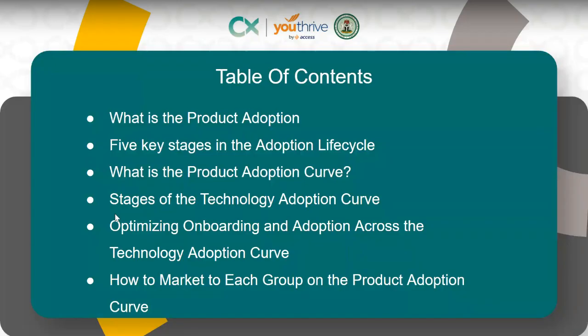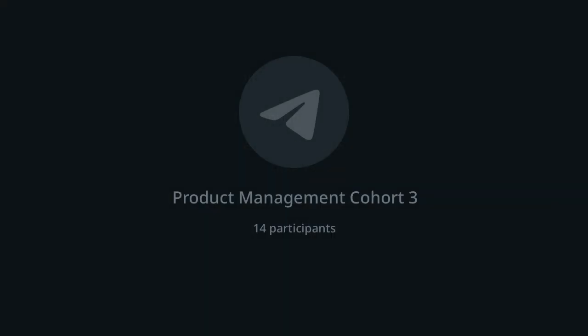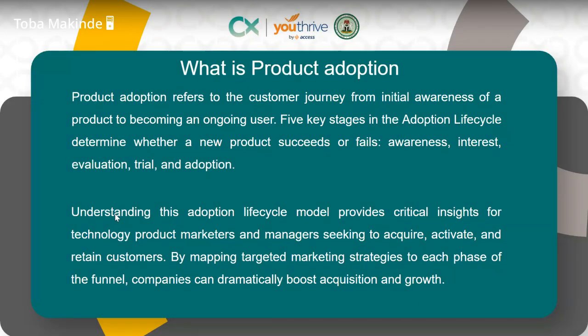All right, so let's look at our first slide. It says, what is product adoption? I wrote here that product adoption refers to the customer journey from initial awareness of the product to becoming an ongoing user.